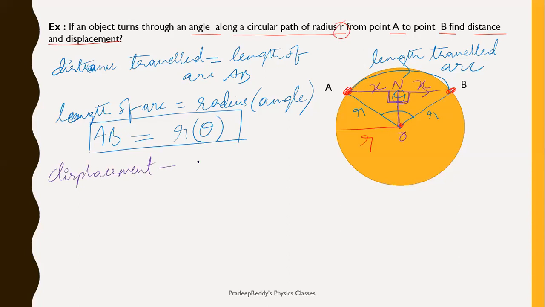Displacement is equal to 2x. First, you should find out x value. From Pythagoras theorem, x value can be written as under root r square minus this perpendicular distance. Or else one thing we'll do, instead of going this way, we will use the other.